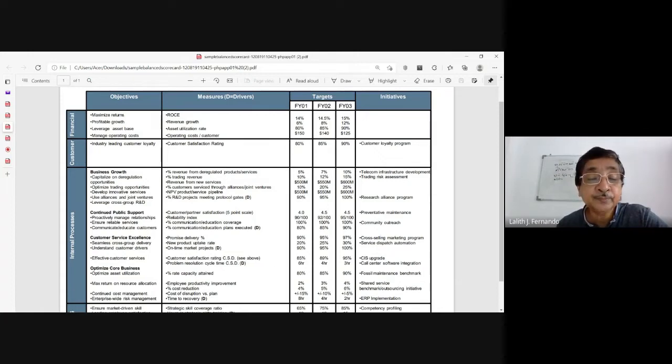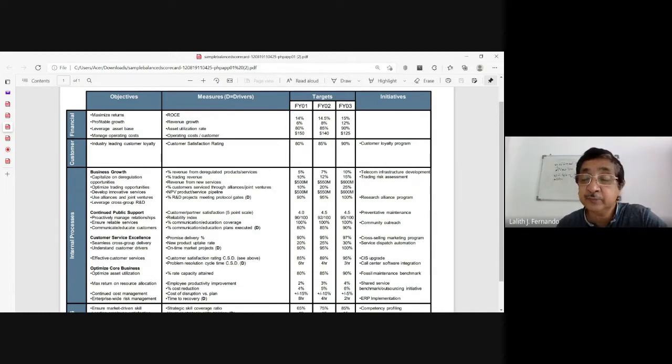Then employee productivity improvement, cost reduction, cost of disruption versus plan, and time to recovery. Now this time to recovery is not a financial type of thing, but it is a driver. You need to maintain quality so that you minimize the time to recovery.